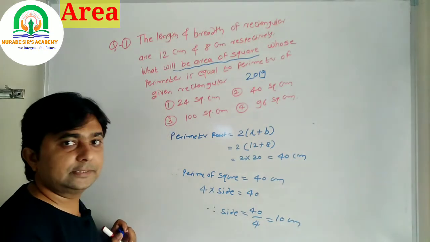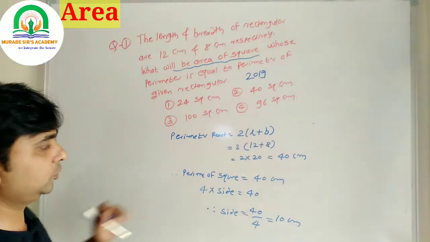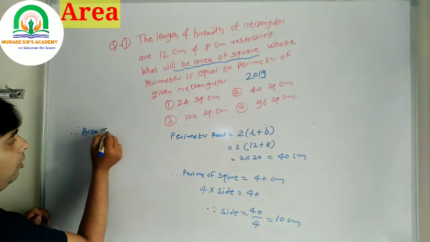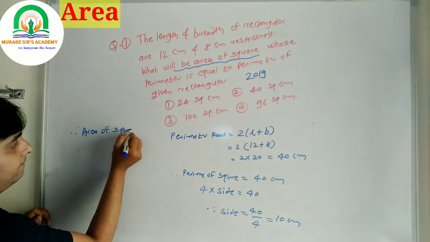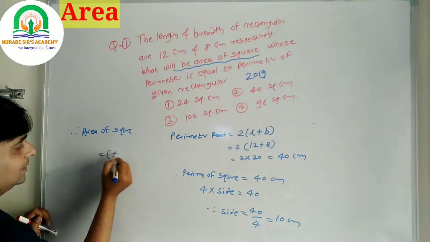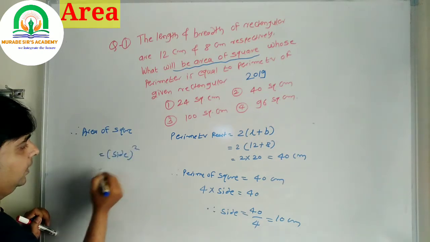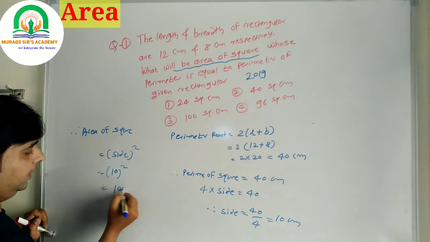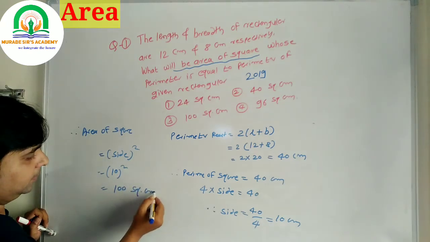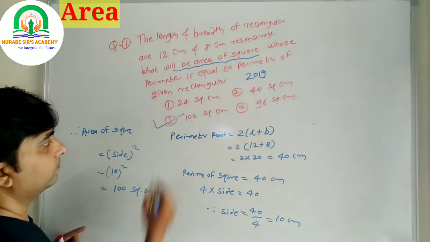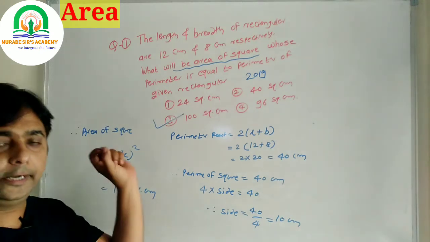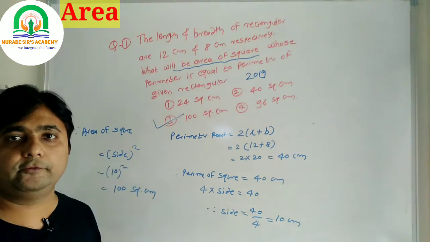This is one side of the square. Therefore area of the square is equal to side square. One side is 10, 10 square means 100 square centimeter. Understood? First, read the question very carefully.